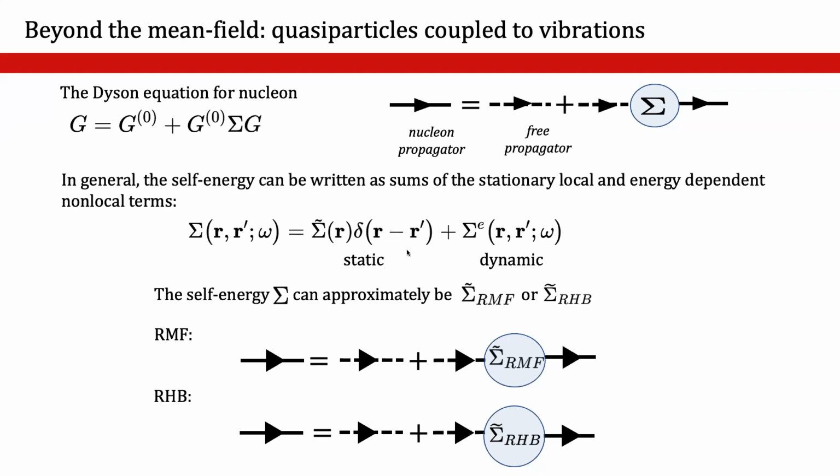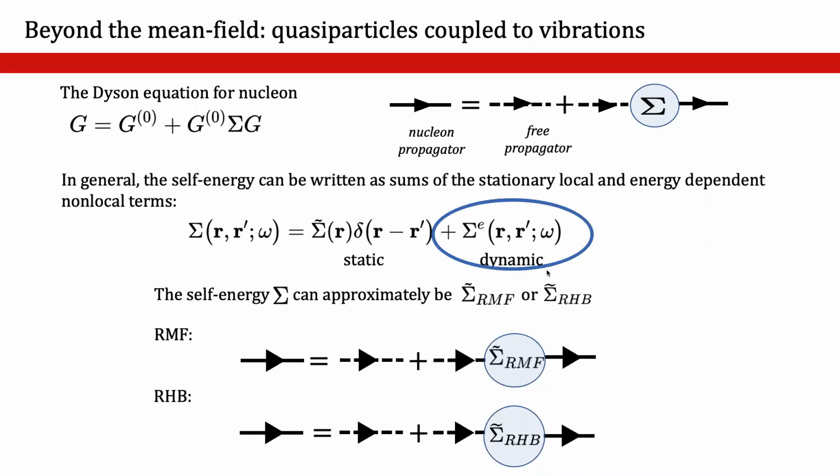And in the mean-field approximation, if we use the relativistic mean field, we replace this static part with the mean-field self-energy. If we use the relativistic Bogoliubov Hamiltonian, we replace the self-energy with the relativistic Bogoliubov one. To go beyond the mean-field approximation and include more correlations, we need to consider this dynamic part of the self-energy.